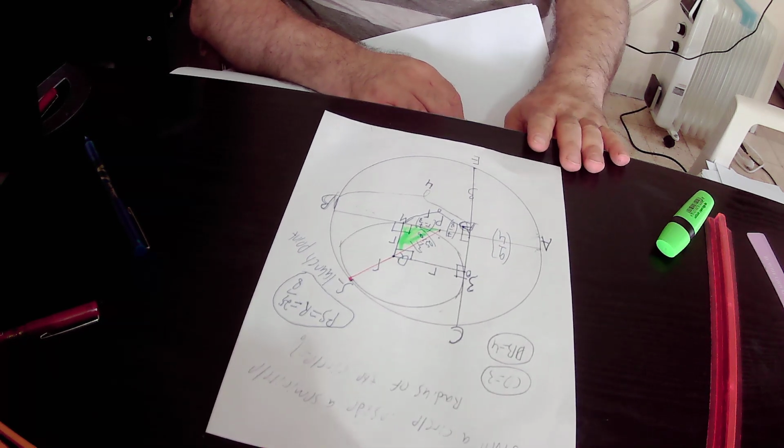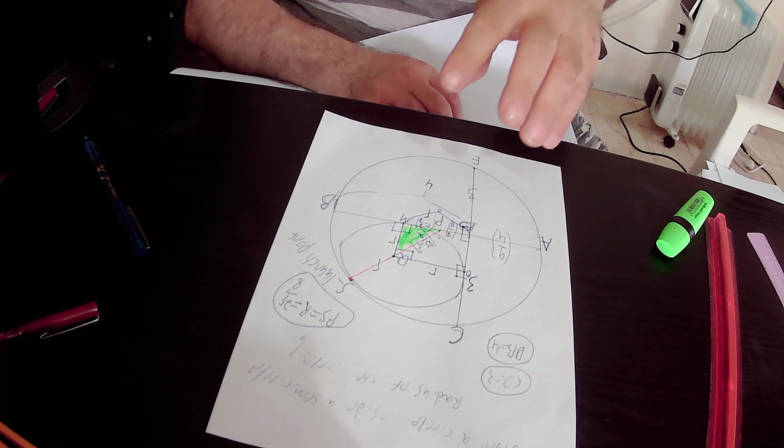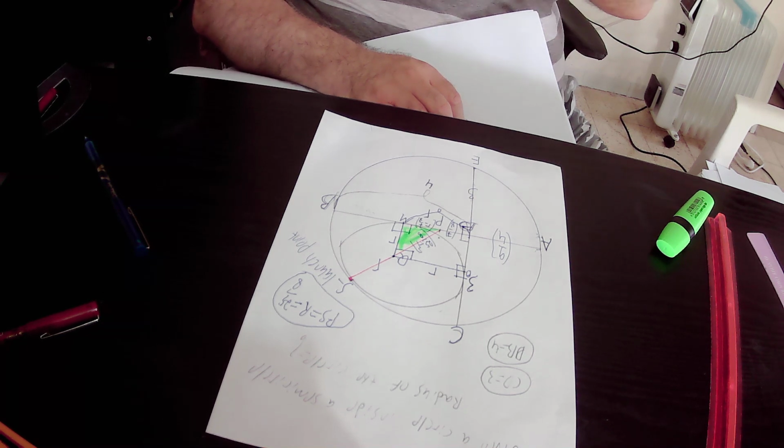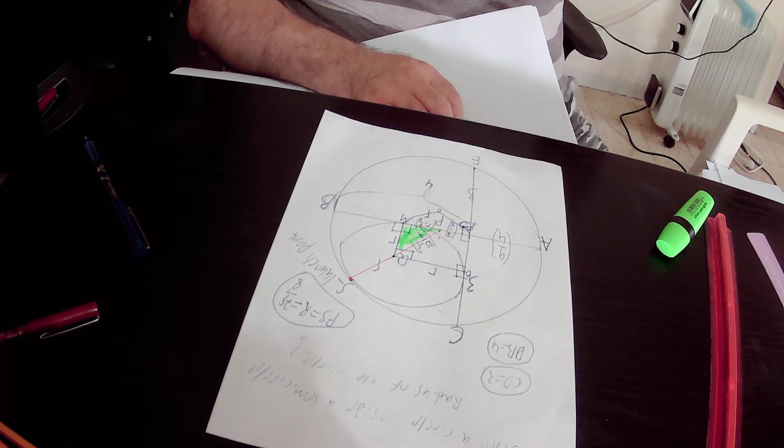So in the first step, we did the construction, we completed the semicircle to a circle. As I already told you, the second semicircle that we created is the mirror image of the original semicircle.